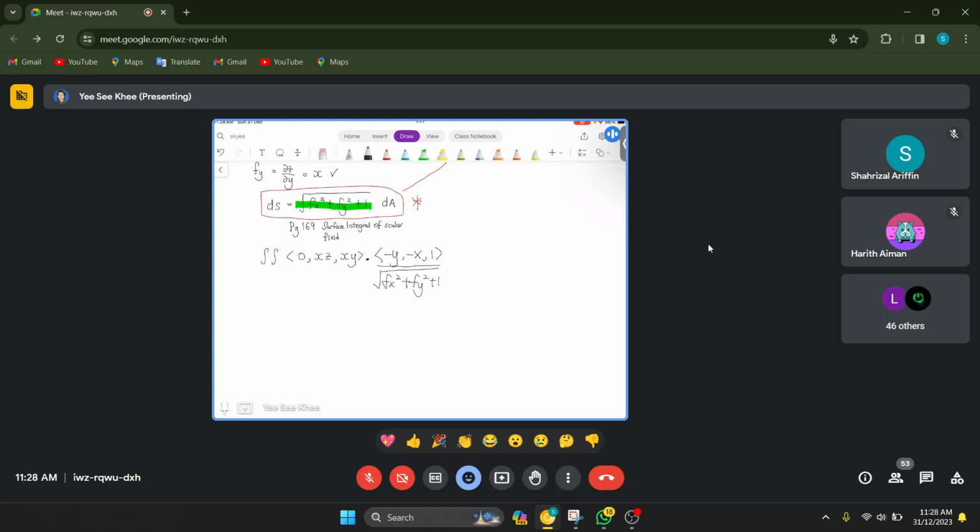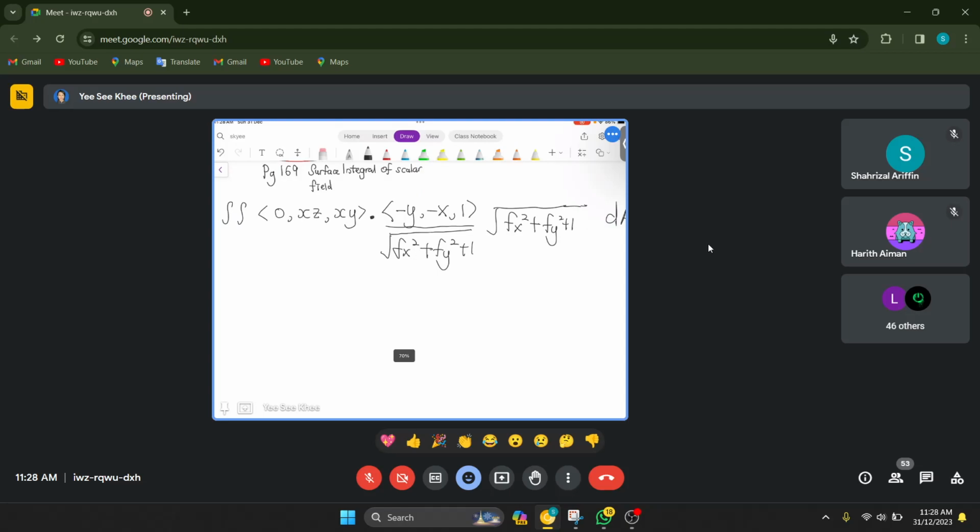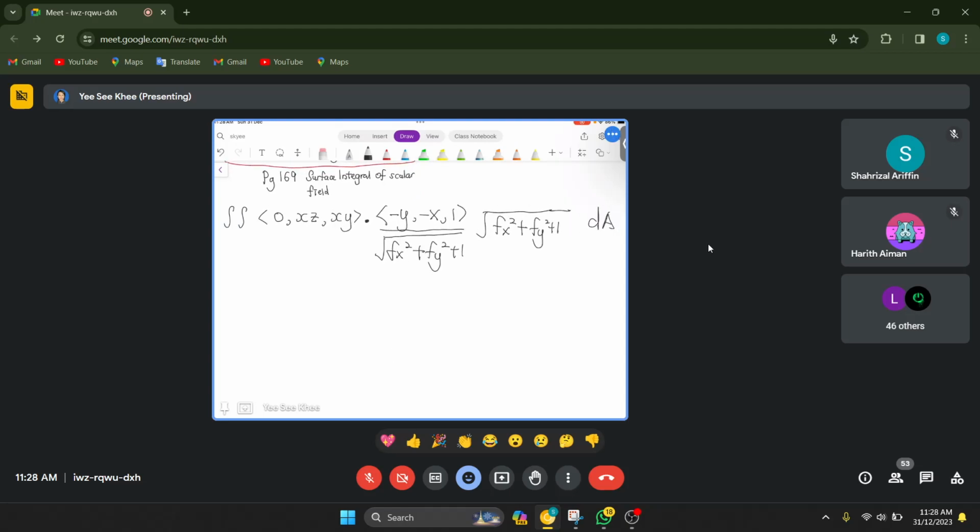And multiply with the dS. dS is this one, and dA. See this thing? This is the F dot with the n, and dS is here, so the whole thing is dS.